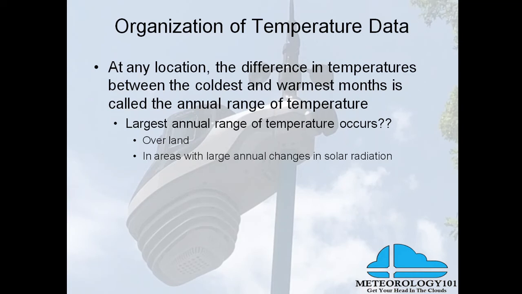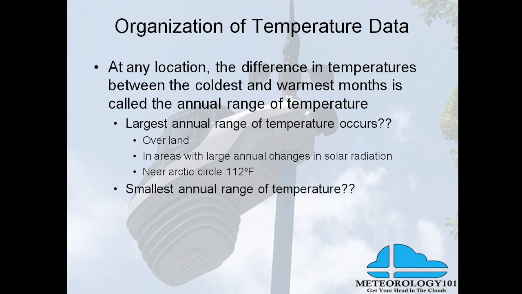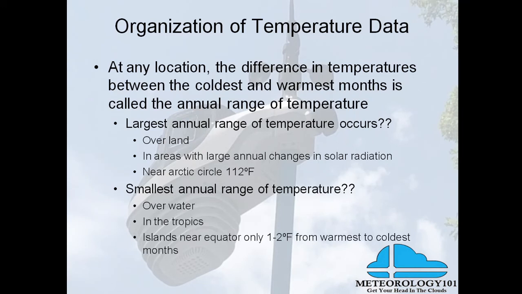In areas with large annual changes in solar radiation, near the Arctic Circle, the range can be 112 degrees Fahrenheit. And the smallest annual range of temperature is over water in the tropics and islands near the equator, 1 to 2 degrees Fahrenheit from warmest to coldest.